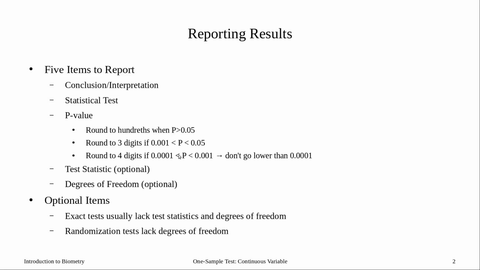So we report 4 digits all the way up until we get to 0.0001. Lastly, if we have anything smaller than 0.0001, then we report it as our p-value being less than 0.0001. We don't have to go any smaller than this. Just say our p-value is really small. It's less than this value.